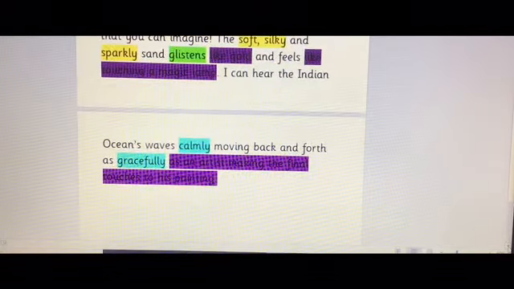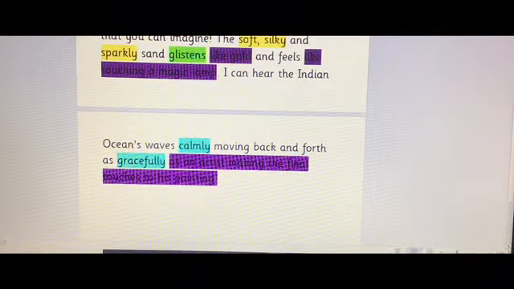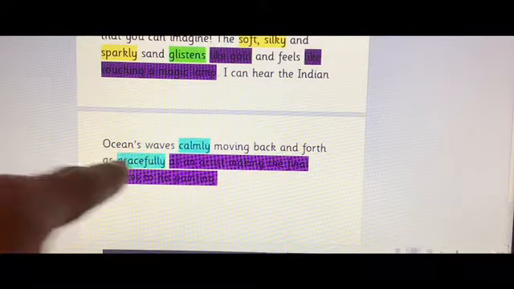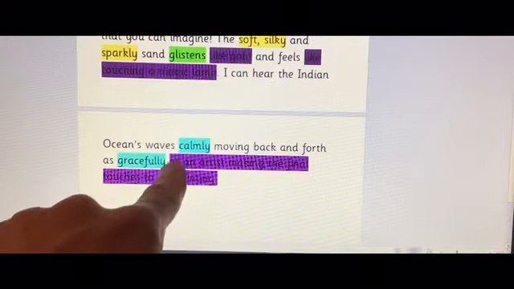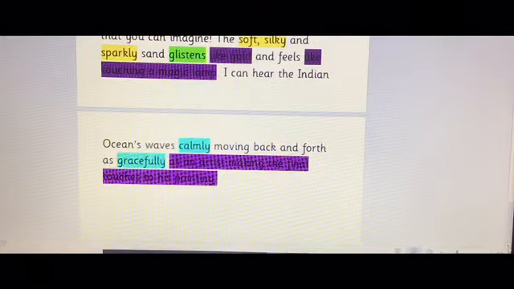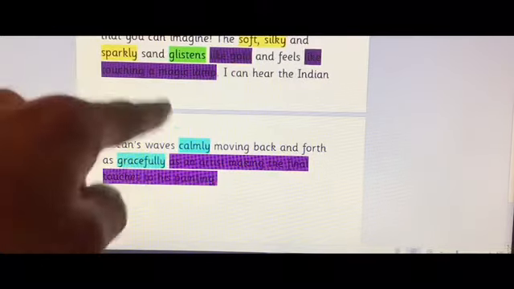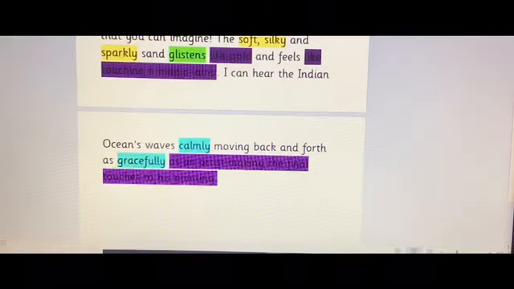Okay, then finally the last sentence, we've got hearing the Indian Ocean's waves calmly moving back and forth as gracefully as an artist making the final touches to his painting. And again, we've got the simile in here, comparing the waves moving back and forth to an artist carefully and slowly putting the touches to his painting. And the words calmly and gracefully are adverbs as well.